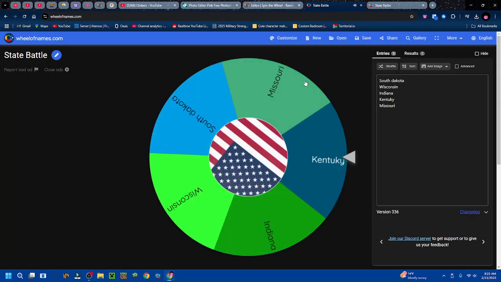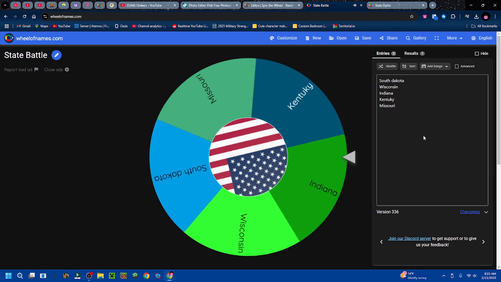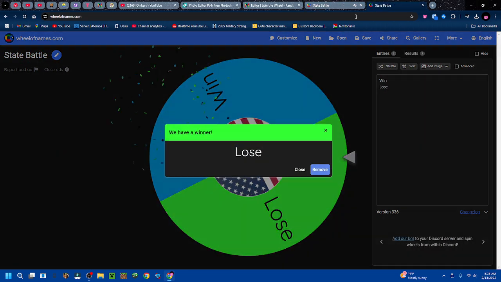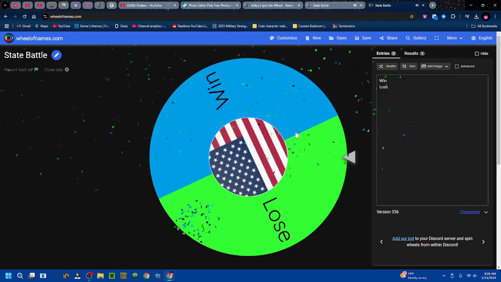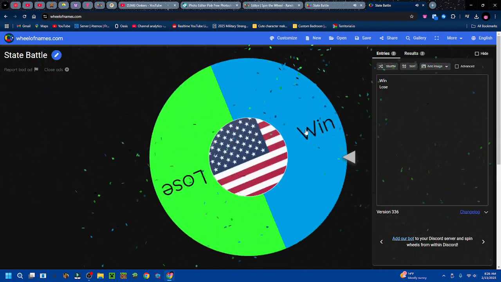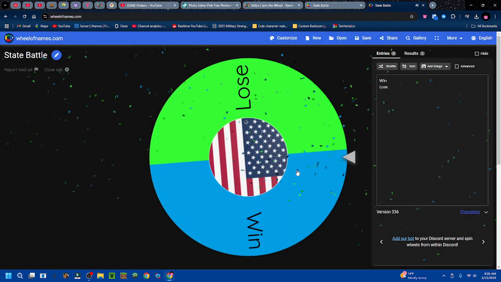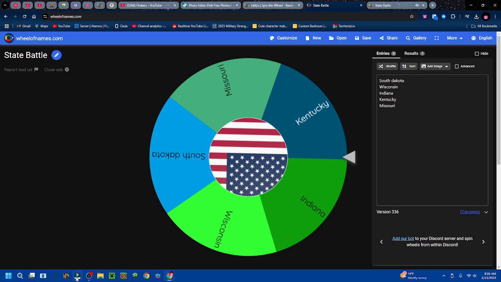Who are they going to be going after? It's going to be Kentucky. Oh, I spelled Kentucky wrong. No. There we go. But they both have equal chances, so let's see. Illinois is going to win very narrowly against Kentucky.